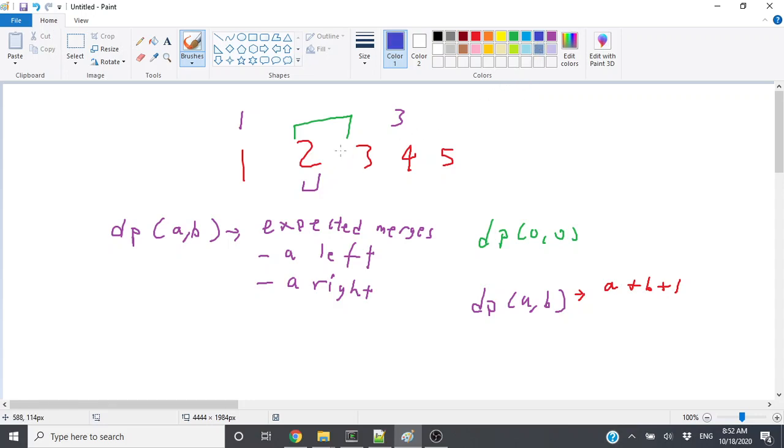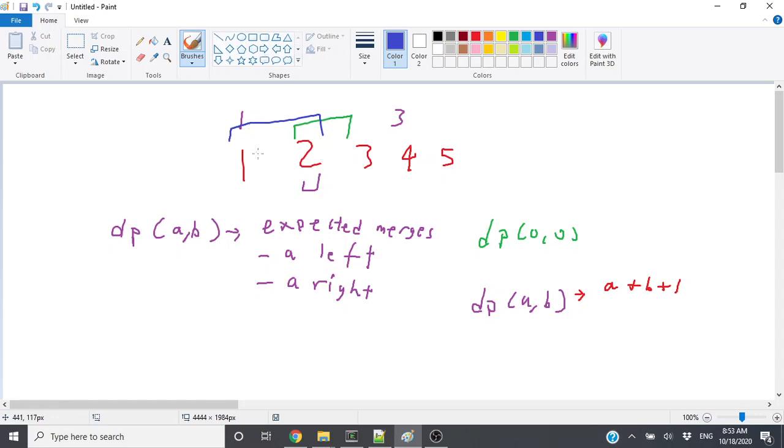And so the probability of us making this merge or this merge would be weird. But that's not what we're interested in. What we're interested in is the probability for a specific L and R. So how do we do this backwards, where we start from 0, 0, and then we end up at some A and B?